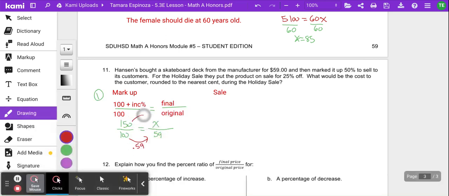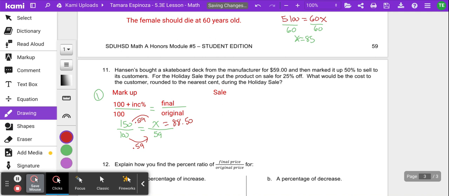So 150 times 0.59 is $88.50. But it's just sitting on the shelf.